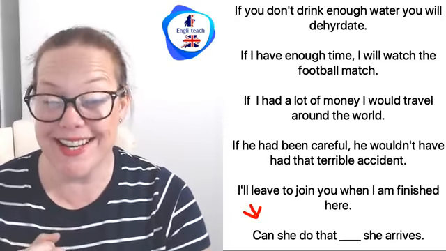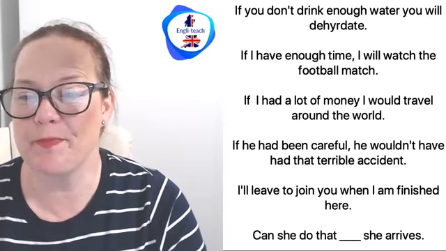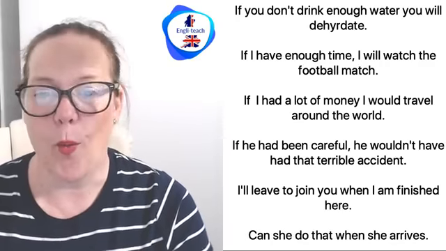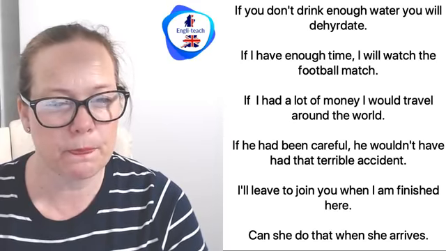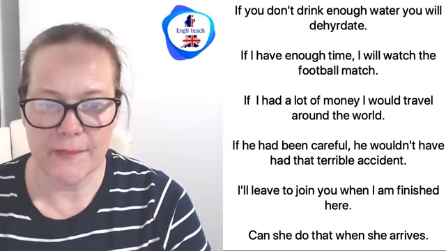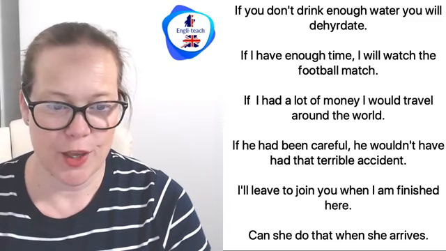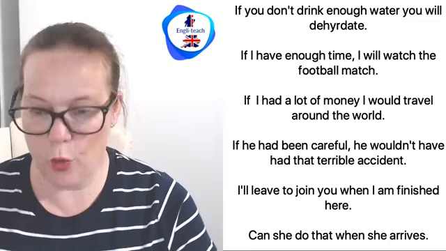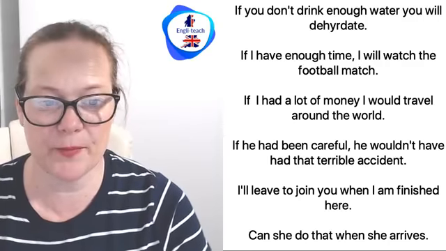So Mohammed has put, and I'm going to use your example, Mohammed, because you've done a couple of extensions: can she do that when she arrives? You can't put or, Mohammed. So or wouldn't work here, but the other ones do. Okay?